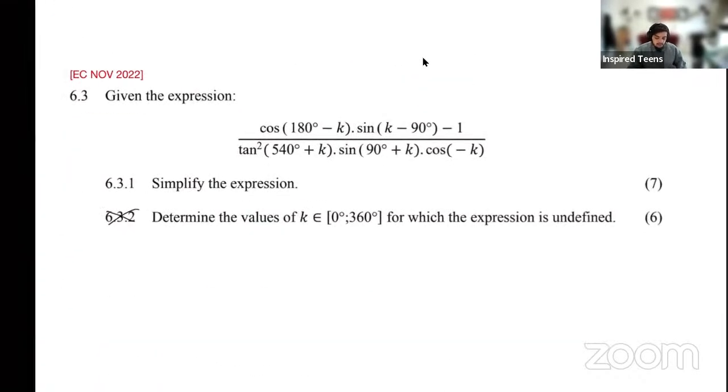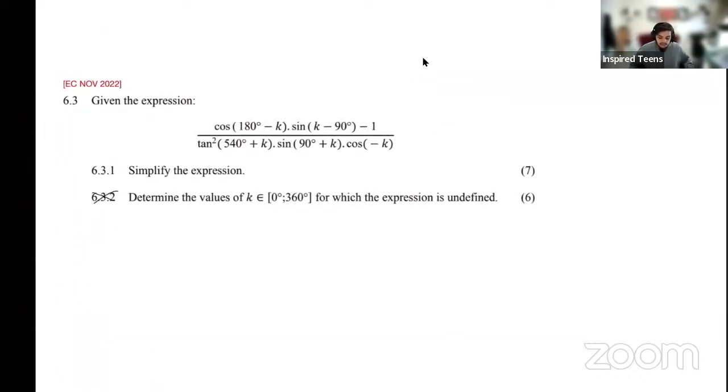Okay, let's move on. Let's have a look at this. Given the expression, simplify the expression. I want you guys to try this. I'm going to give you like 2 minutes. Try this question, and then I'll do the answers. 7 marks. I'll give you like 2.5 minutes. Don't do 6.3.2. We'll get there later on.